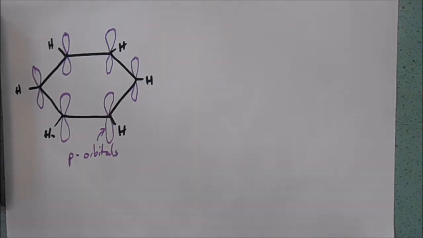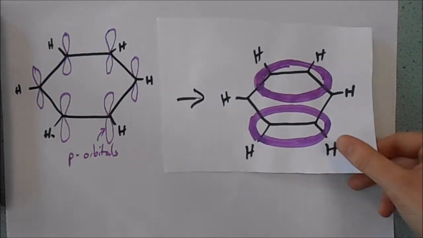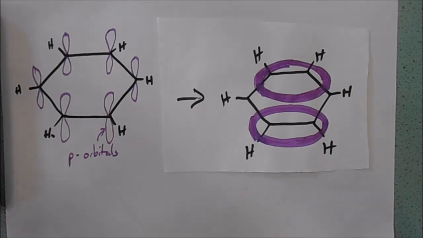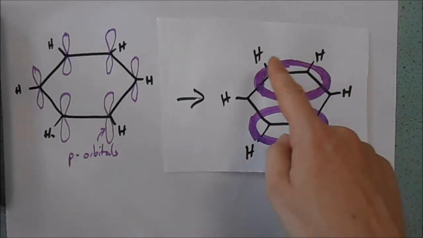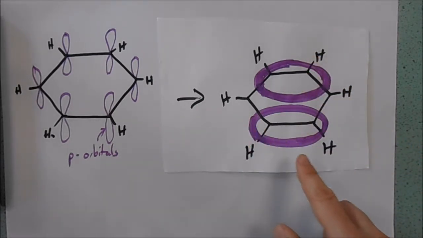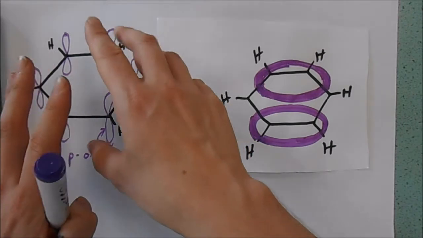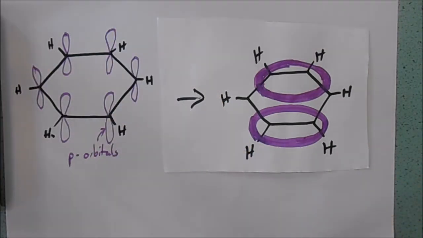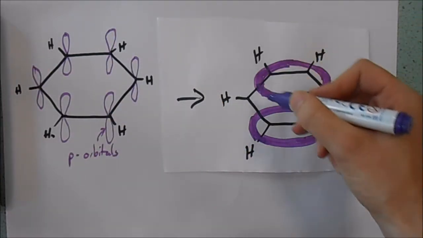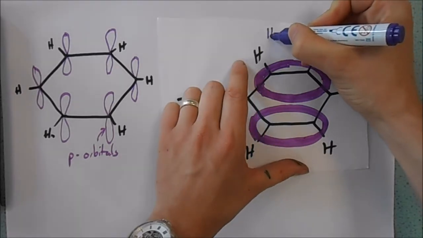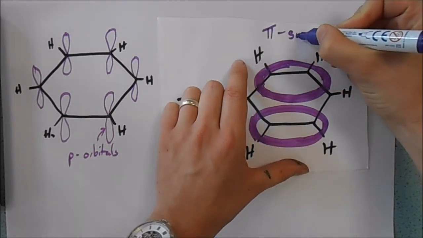And that is our current model of benzene. It's the sideways overlap of these p orbitals to form a ring above and below the plane, which contain the electrons which aren't bonded in our normal sigma bonds. They are contained in this new pi system.